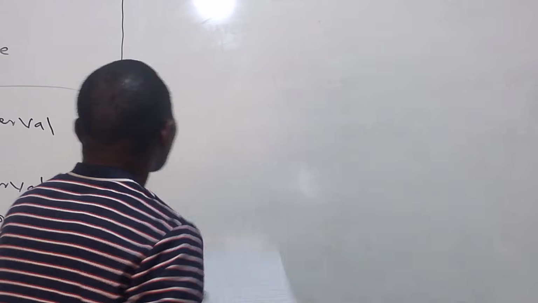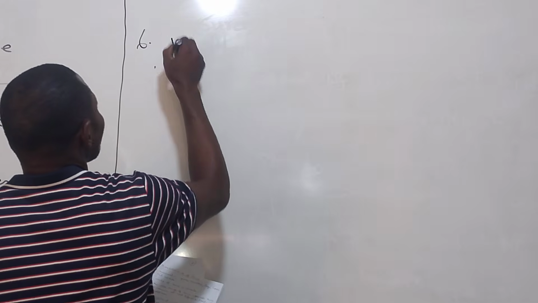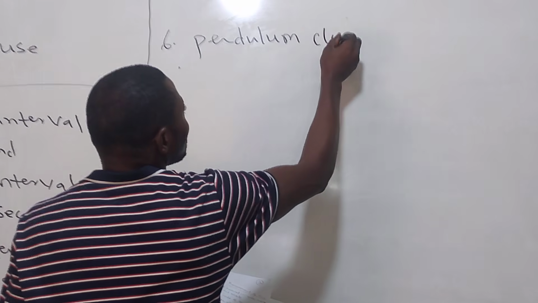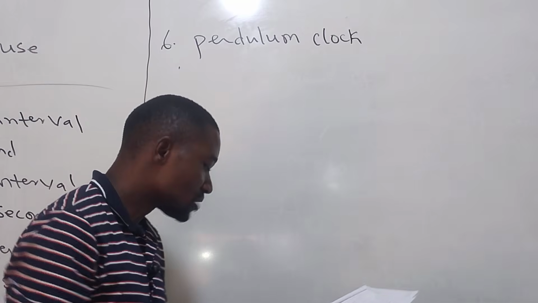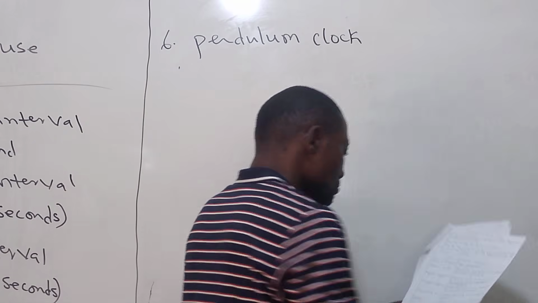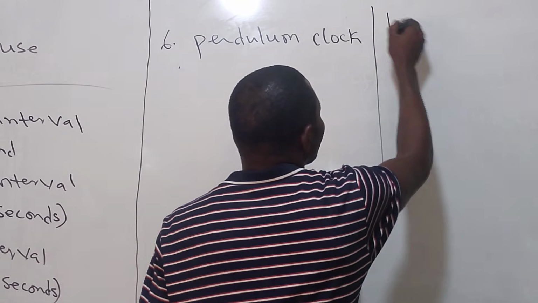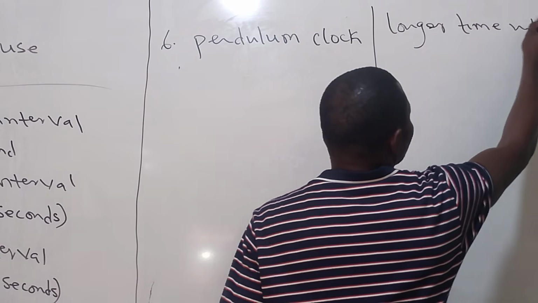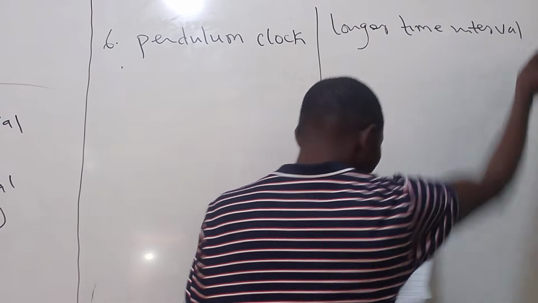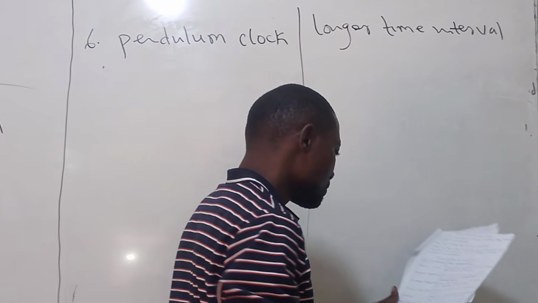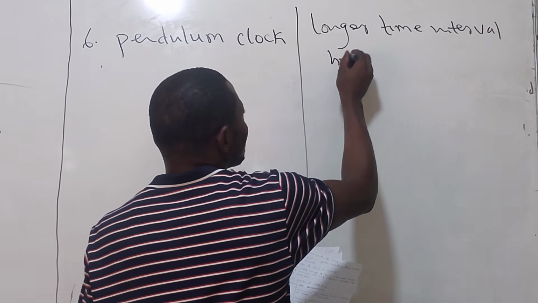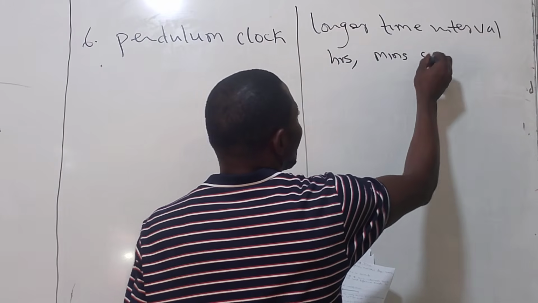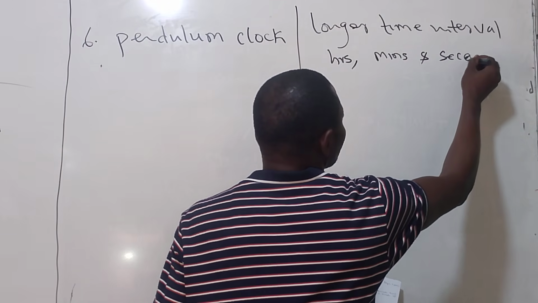Then we have another one called the pendulum clock. The pendulum clock also measures longer time intervals. It also measures in hours, minutes, and seconds.